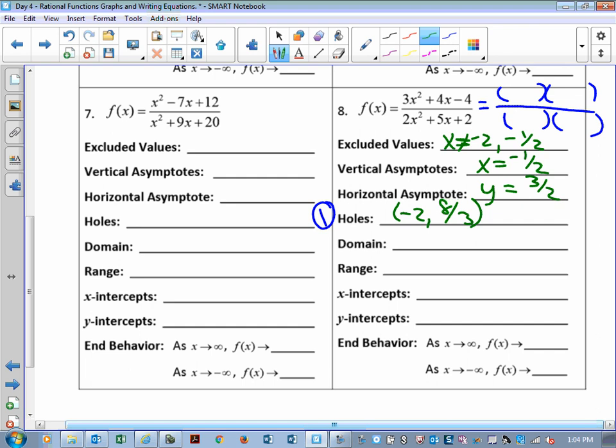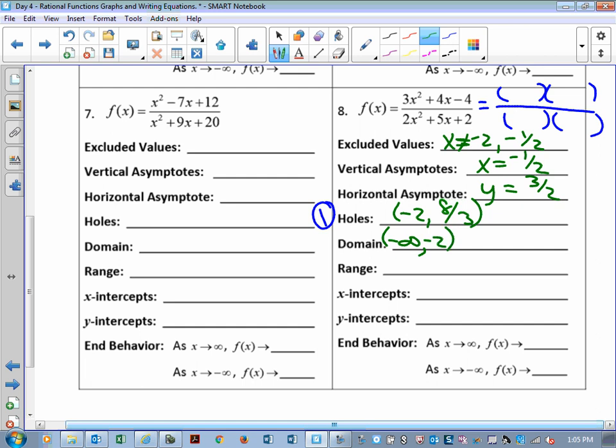Now, once we have all of that first, we can deal with our domain and range, because we have to consider all of our exclusions. So our domain, we know we're going to start at -infinity. Where's the first issue? Is it at -2 or -1/2? -2. So -infinity to -2.